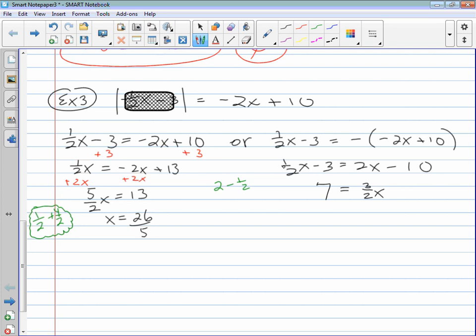Yeah, same thing, right? Because all you did is multiply both sides of the equation by negative 1, which you're allowed to do. Makes sense. So either one of those is fine. So now I got to get rid of this, the 3 halves, right? So multiply by 2/3, which ends up being 14 over 3.